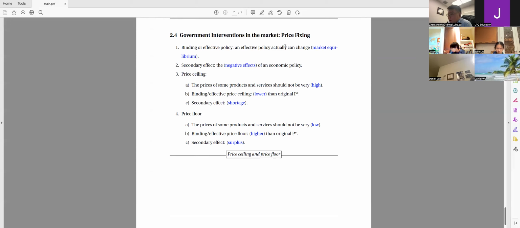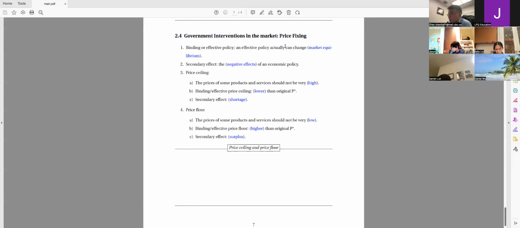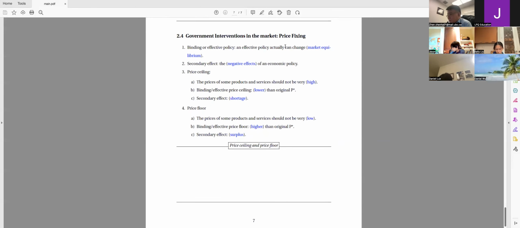If you think the price of some public necessary goods, like healthcare services, educational services, basic accommodation, all those things, for the public interest, the price of these public necessary goods cannot be solely determined by supply and demand.